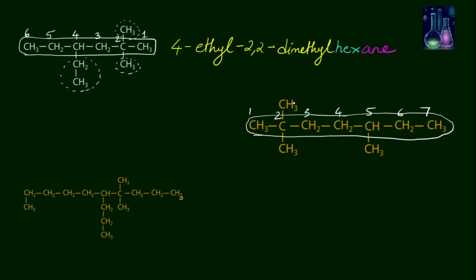Next, let's see the substituents. If I number from here, the number would be 3 for this substituent and 6 for this substituent. But if I start the numbering from here, I get 2 for these 2 substituents and the 5th position for this substituent. So this is a better terminal position from where I can start my numbering.